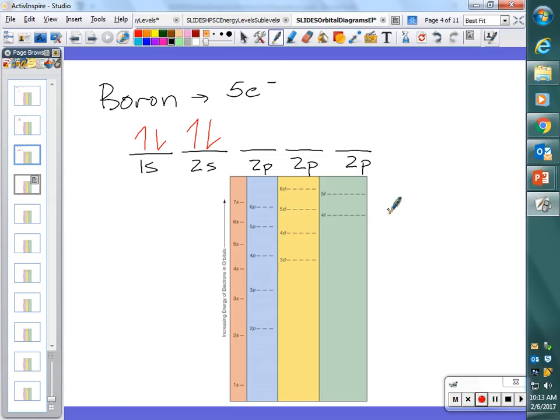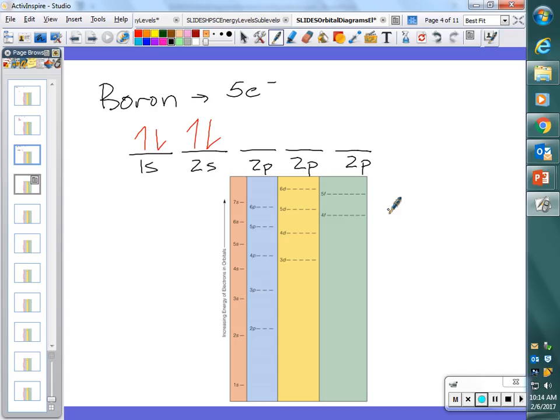Not yet. For boron, how many electrons do we have? 5. So we still have another electron to go. Where does it go? Probably doesn't matter. She's right.